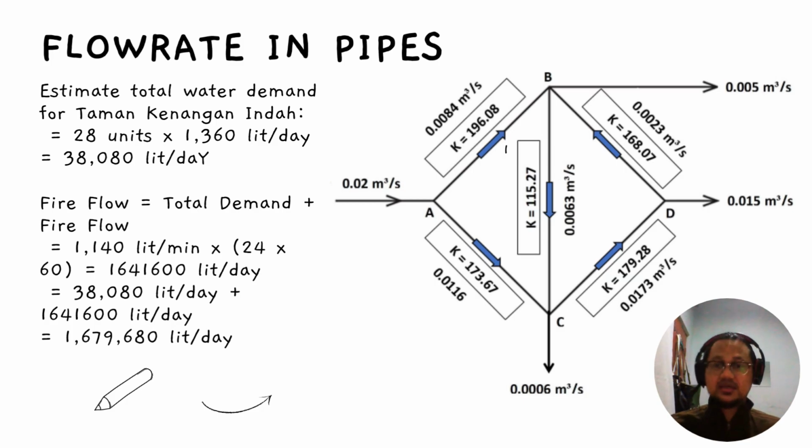And then we add the fire flow of 1,140 liters per minute, and then we get 1.6 million liters per day. After we complete the calculation, we consider all the requirements and the guidelines. As we can see in the figure on the right of the slide, this is the final result for the flow rate in each pipe that we get after we complete the calculations.